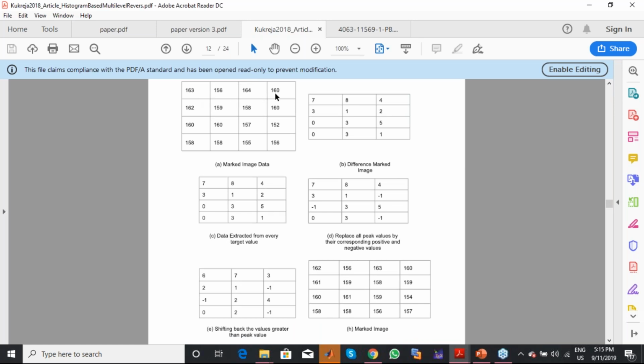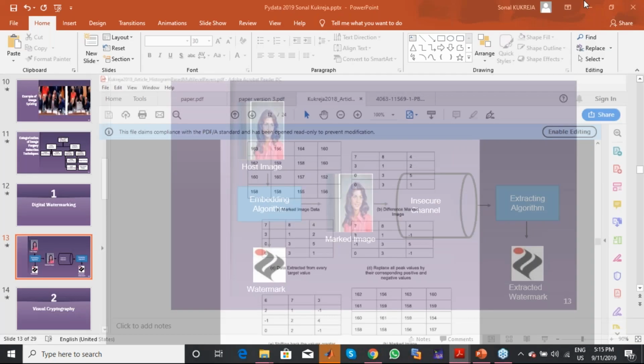Because we have embedded the watermark inside it, it has been modified to 162, 156, 163, and 160. So we can see two pixels have been modified, the first pixel and the third pixel. In a similar way, some of the rest of the pixels are modified, but the change is so minor that it is not visible to the naked eye. So this is an example of how we embed the data. In watermarking techniques, we embed the data inside the image.